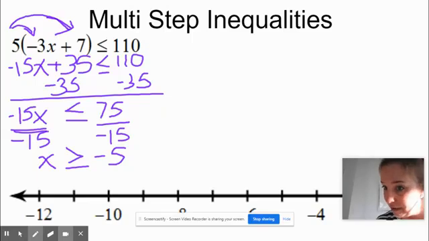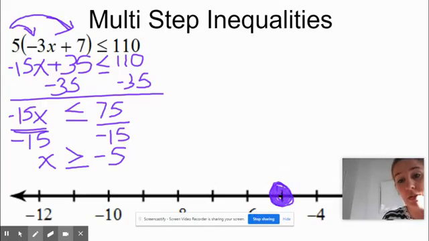Okay, so I'm going to go on my number line. There's no -5 marked here, right? But if you look at the number line, where would a -5 fall? Between the -4 and the -6. So I'm right here. I made a mistake. What was it? This should be a closed circle, right? Because of the greater than or equal to. So we have to fill that circle in.